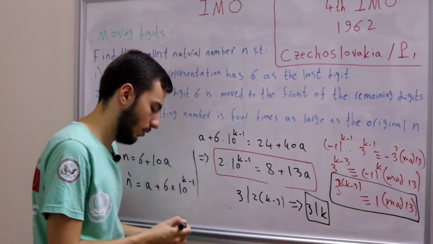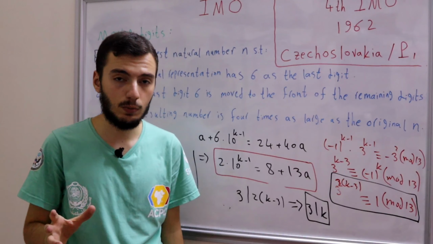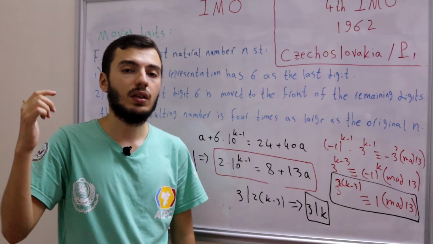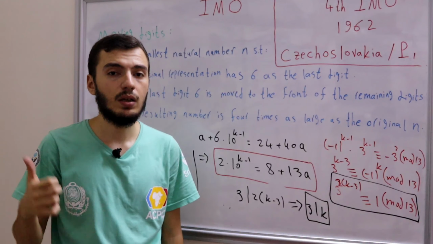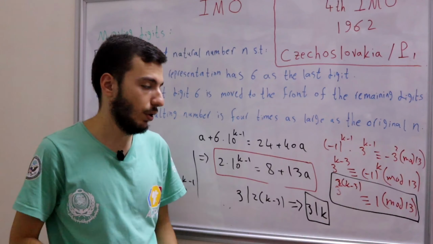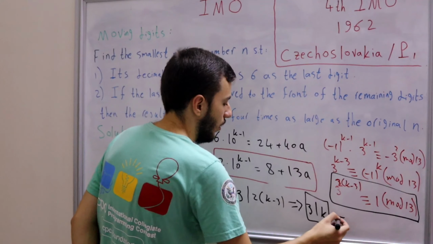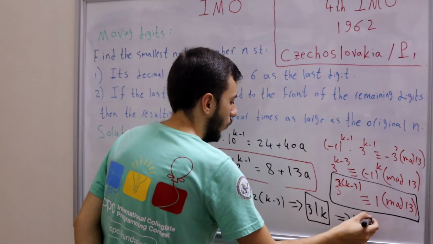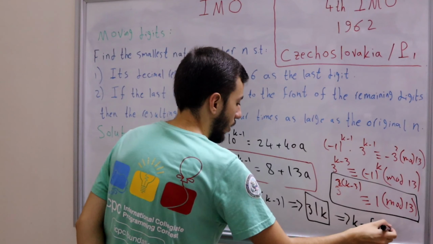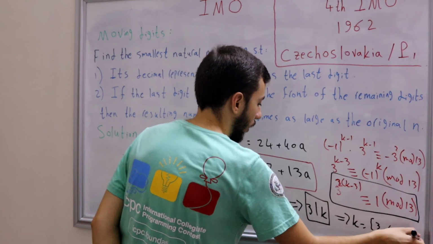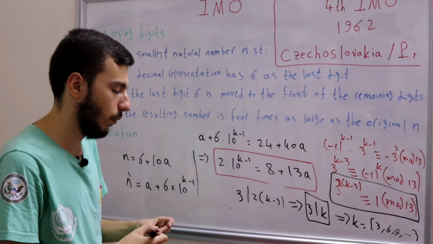That's really awesome, because now we know the possible values of k: 3, 6, 9, and so on. It's any multiple of 3.